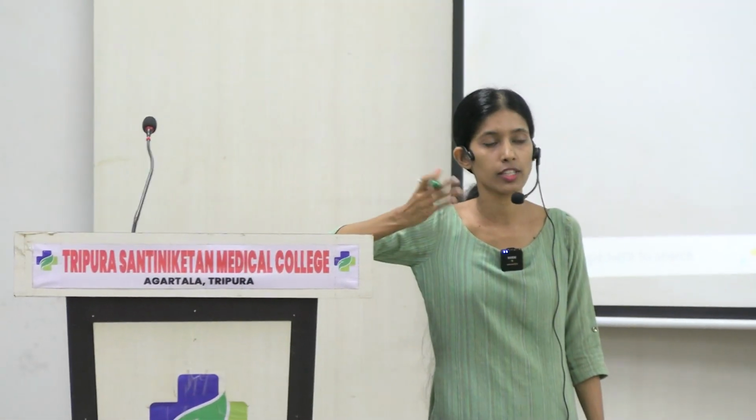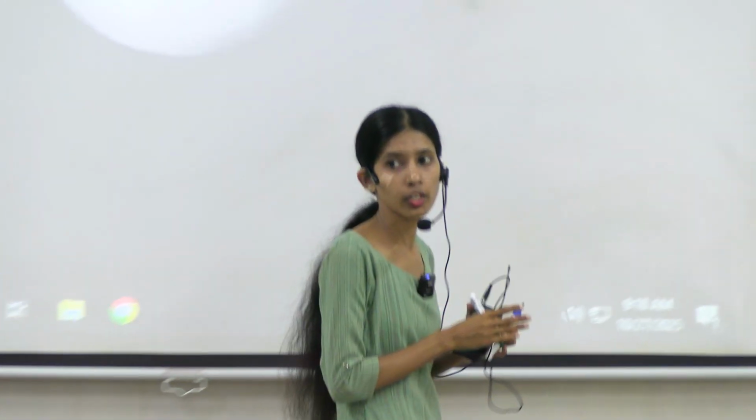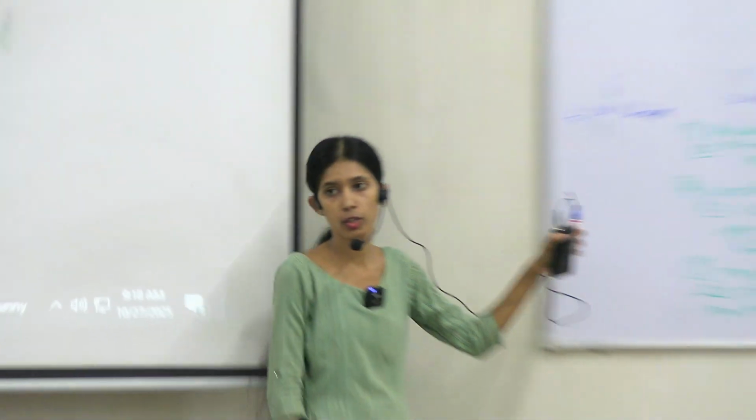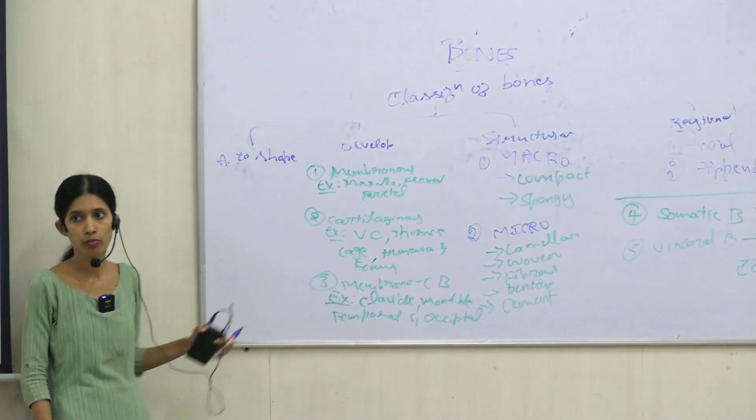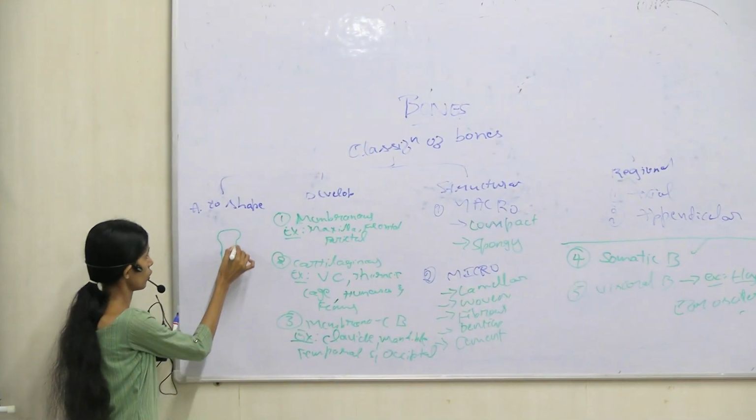She mentioned compact is a hard structure, whereas spongy bone is porous in nature. Okay. So you can give long bone as an example for compact and spongy bone also. If you see the structure of a long bone, see, this is a long bone, right?